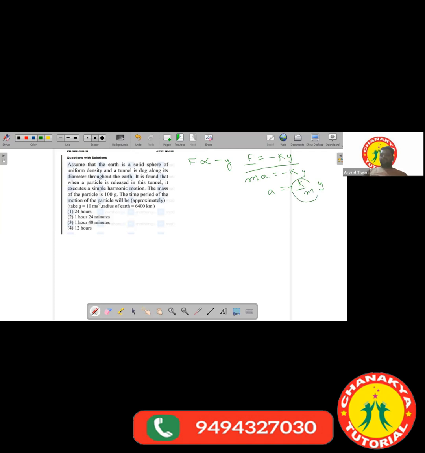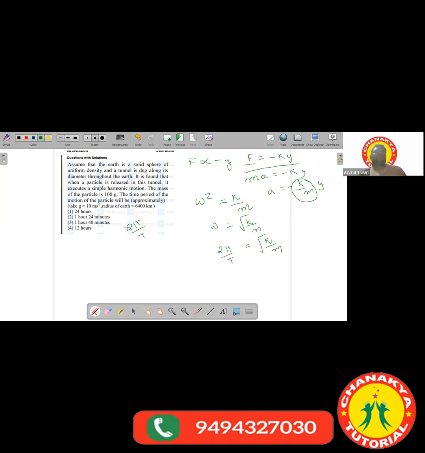This value should be equated to omega squared, and we put omega squared as k by m. Since omega is 2 pi by T, from here omega will be equal to under root of k by m, and I can find out the time period from this expression. So this will be the ideology.